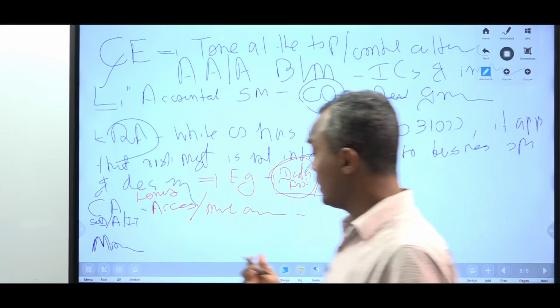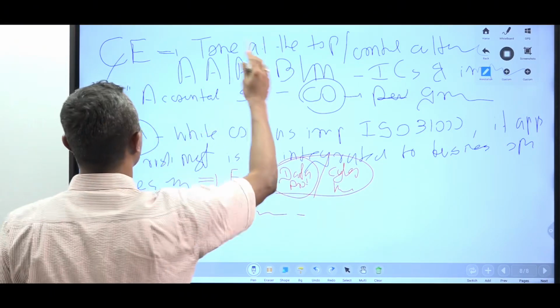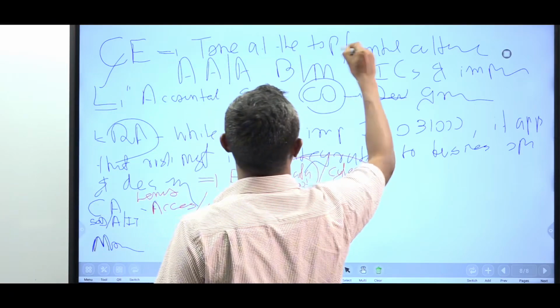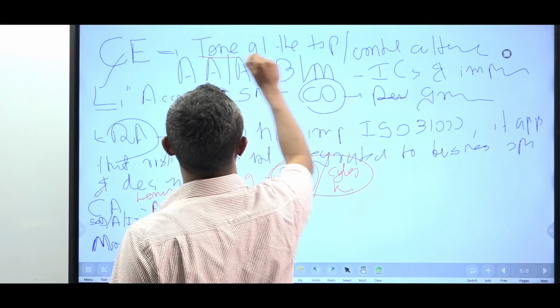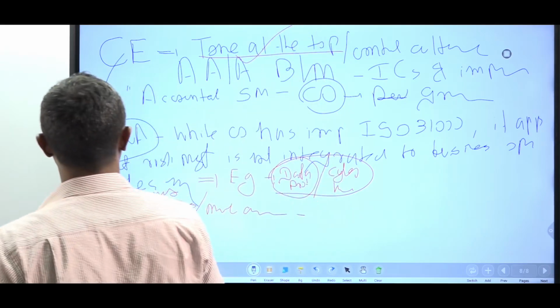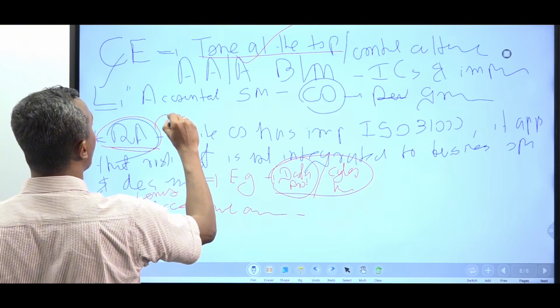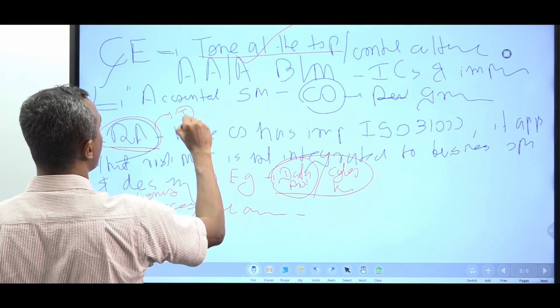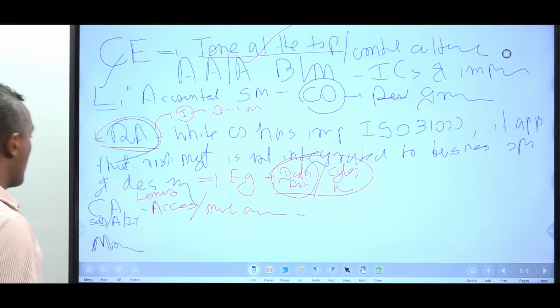Remember, in theory, when writing a line on each component, control environment means tone at the top. Then it shows that you are a rich student, you know the concept. Risk assessment involves how they identify, quantify and mitigate the key risks, right?